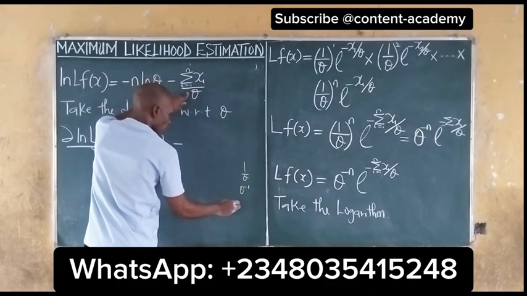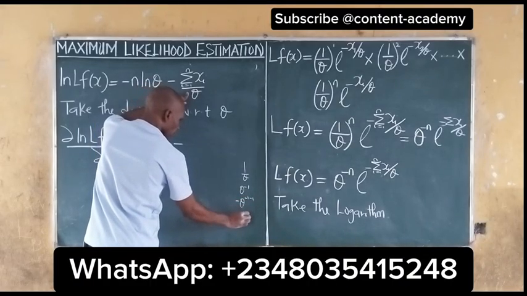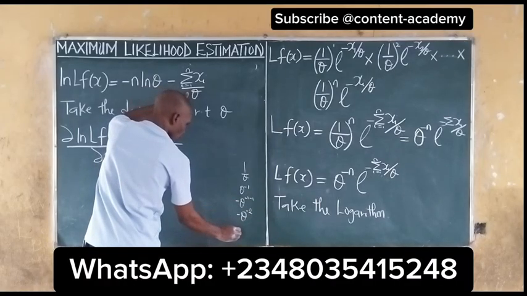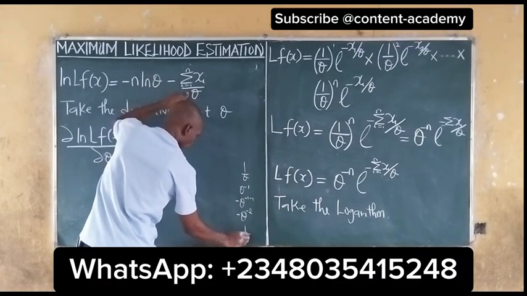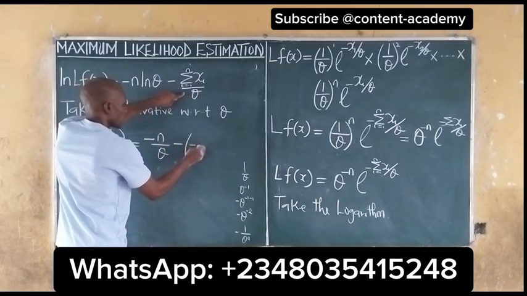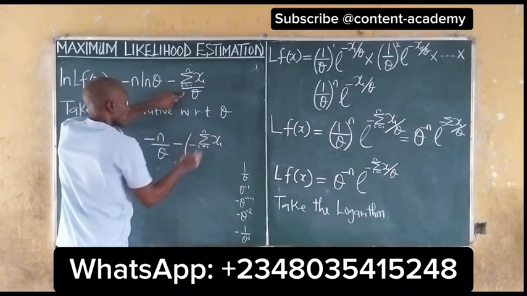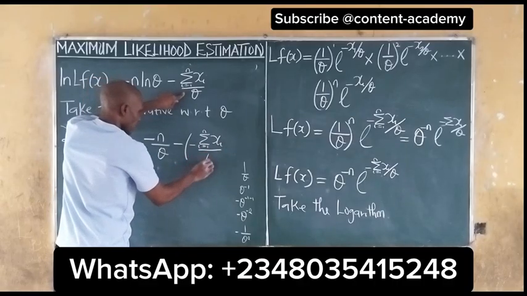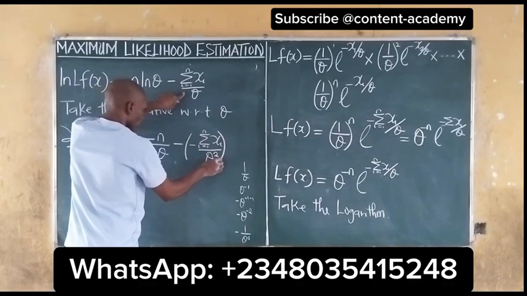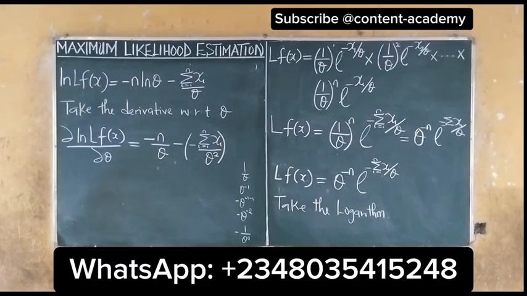If we take the derivative, we have negative theta to the negative 2, which is negative 1 all over theta squared. So we have bracket negative summation of xi as i running from 1 to n all over theta squared. So this is what we get.